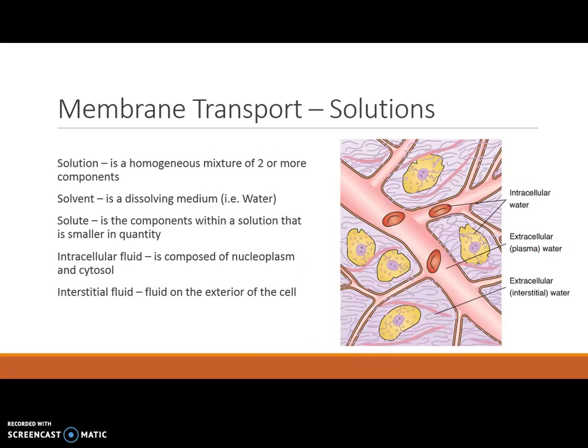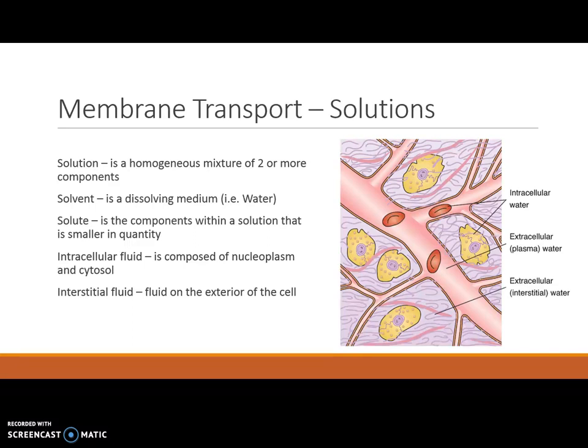To really understand the transport of substances across the membrane, there are concepts and terms you must be familiar with. A solution is a homogeneous mixture of two or more components. A solvent is a dissolving medium, like water, and the solute is the component within a solution that is smaller in quantity.